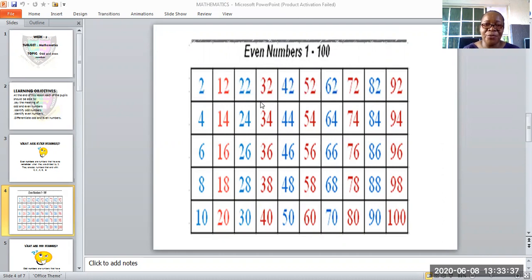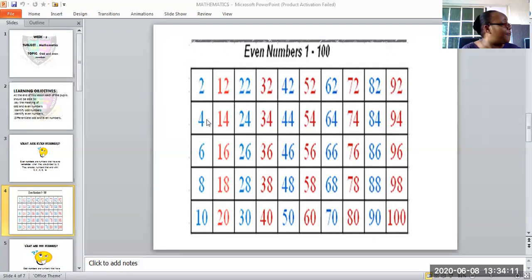Let's move further. We have 4, 14, 24, 34, 44, 54, 64, 74, 84, and 94. Observe that these numbers end with 2, 4, 6, 8, and 0. Every number in the line of 2 ends with 2.